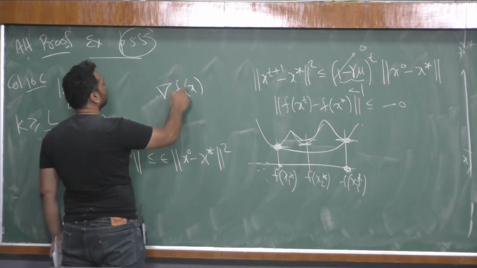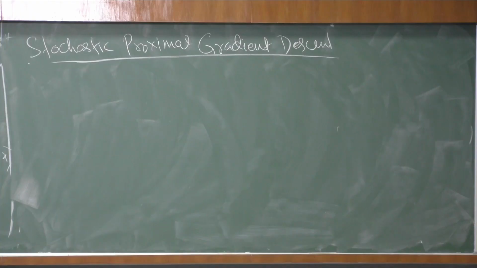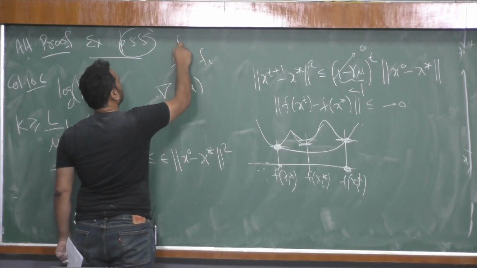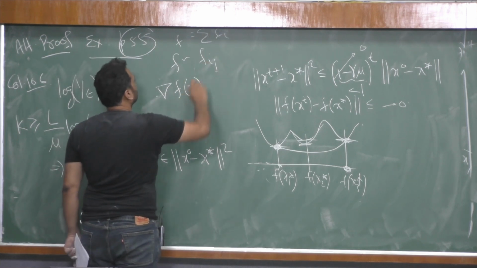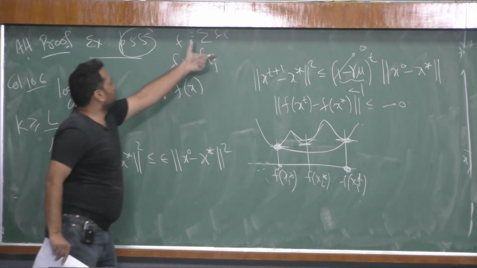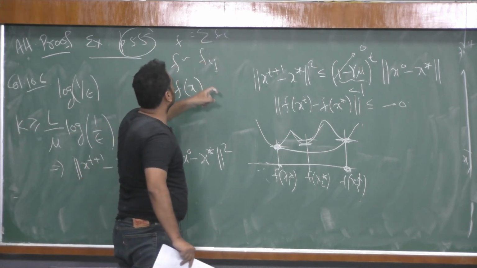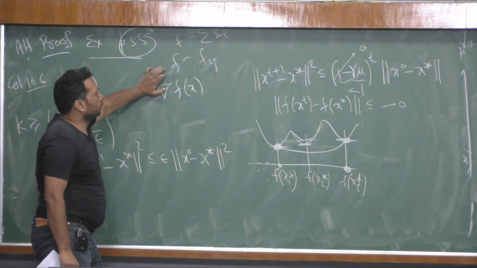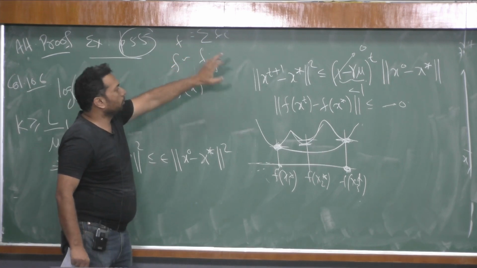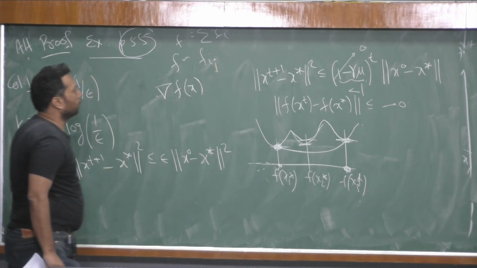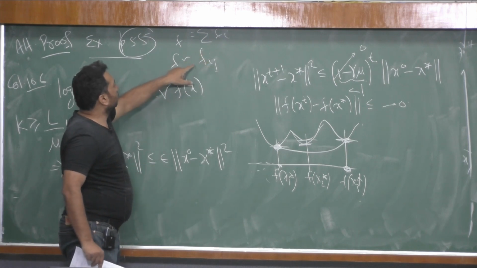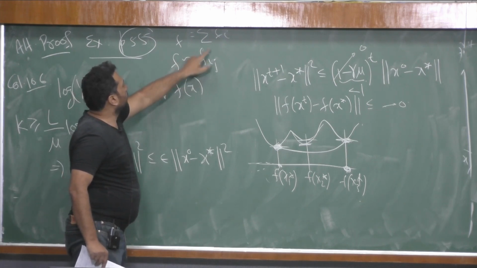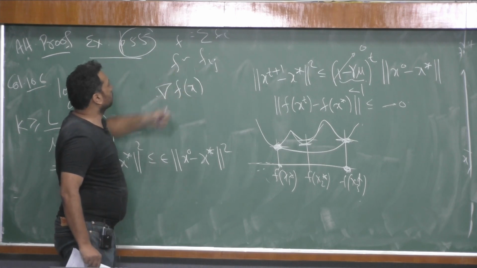So f will be approximated by some f_i, because f we know is a sum of f_i. We take one of these f_i out of the many losses computed over the samples, and that's exactly what we do in training of these deep learning models. We don't take the gradient of the full function, and this is why you are forced to study stochastic methods. In the end, in practice, you only calculate the loss partially, and then the gradient is computed on that loss.